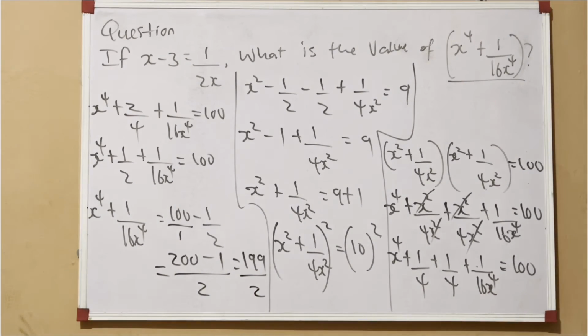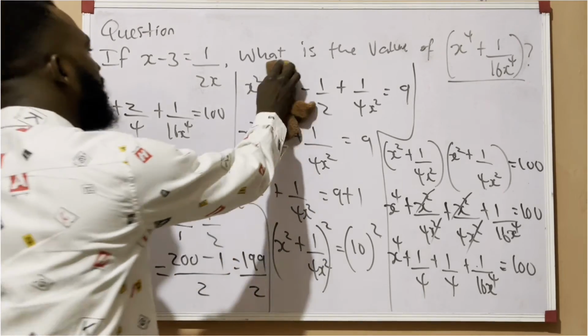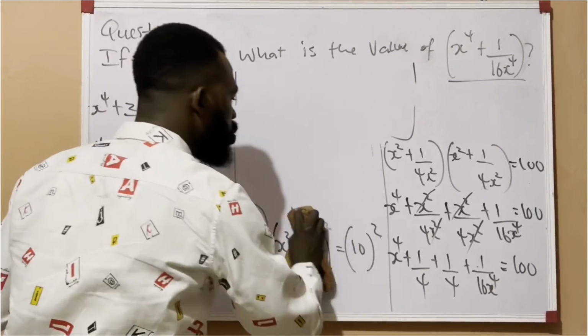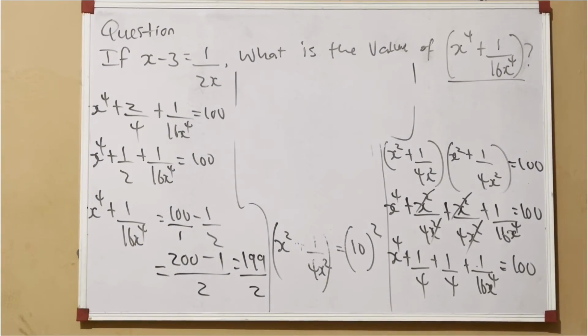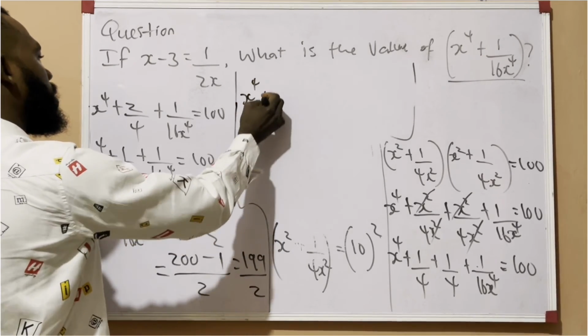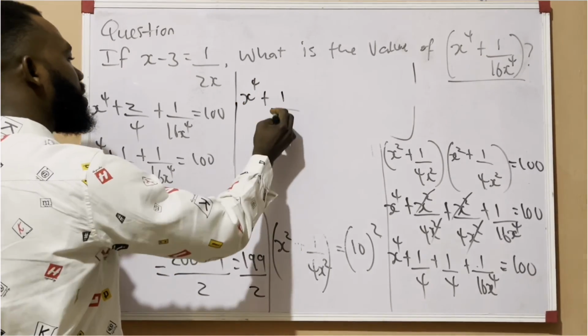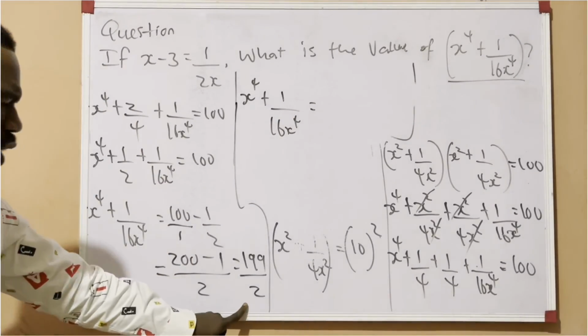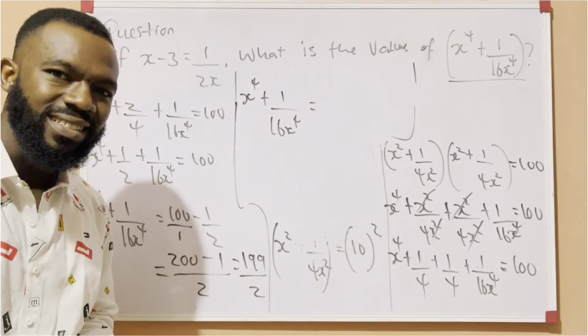Now, 199 over 2 is an improper fraction. So the final answer in mixed fraction will be this: x raised to the power 4 plus 1 over 16x raised to the power 4 is equal to, how many times will 2 go into 199?